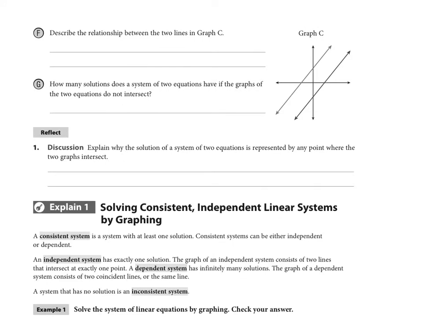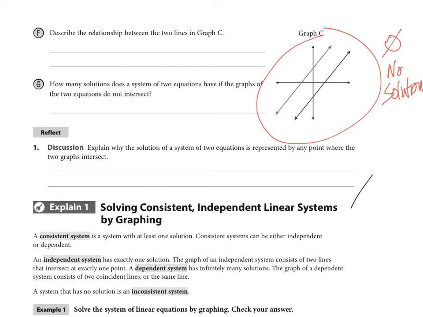So, one instance is when the lines are parallel. Those never ever cross, so in that case, they have no solution. And again, that's our symbol for no solution. Another instance you could have is when the lines are basically on top of each other.